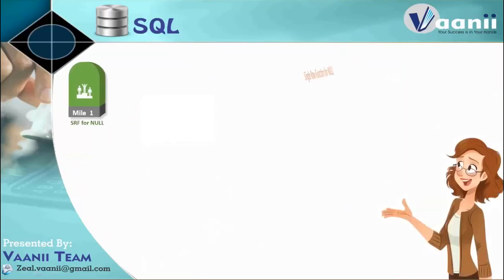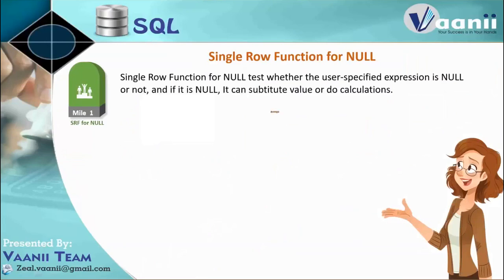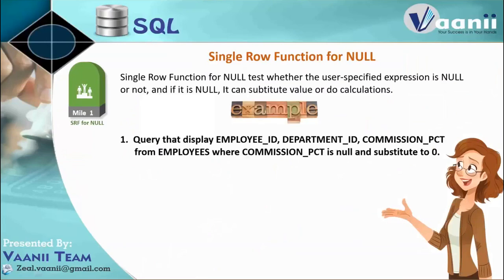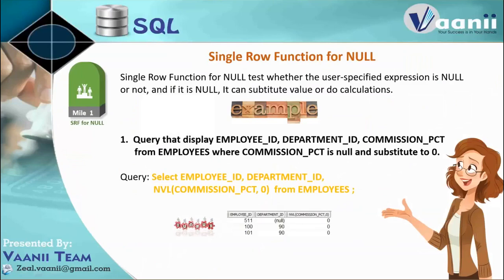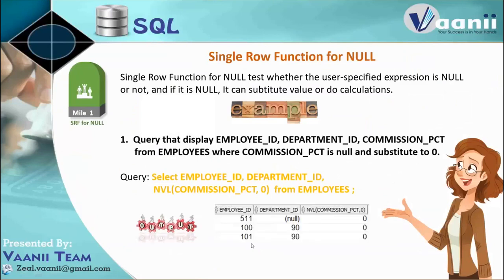Here I can give you a quick example. Suppose if the commission is null, I want to substitute 0, so we use the NVL function. What is the syntax of the NVL function?